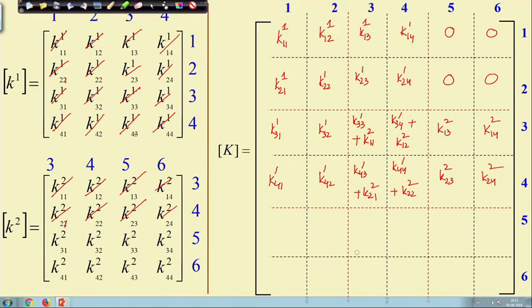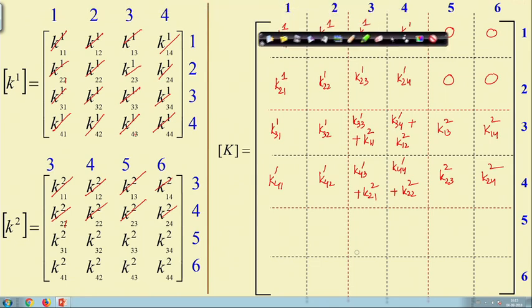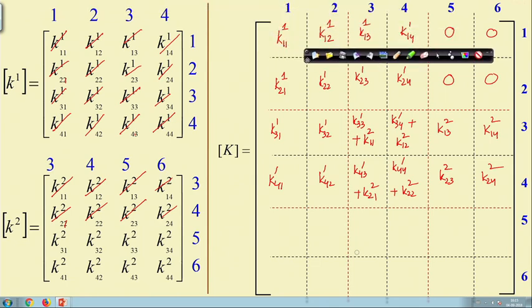Now, similarly, let us do it for the fifth column, fifth row. I can put it here, yes, that is better. So, 5 1, there is no 5 1 here, 5 1 straight away will become 0. 5 2, there is no 5 2, 5 2 straight away we can have 0.